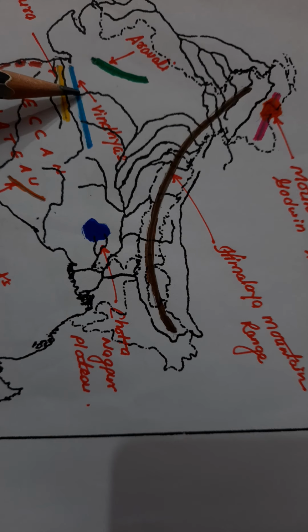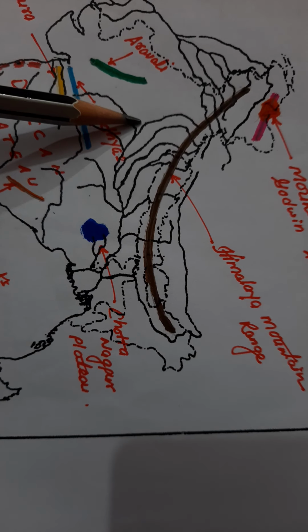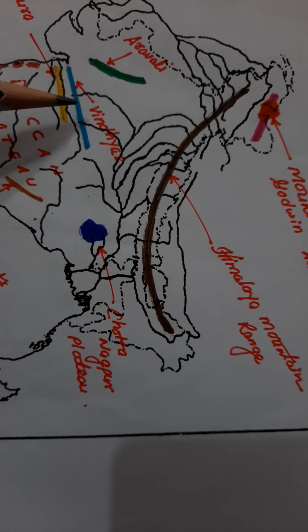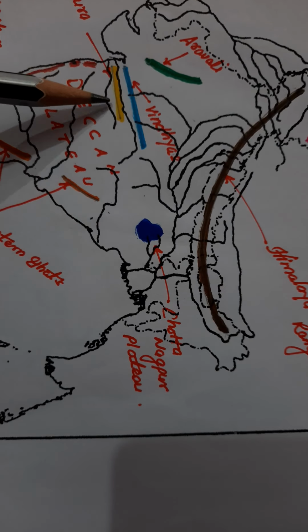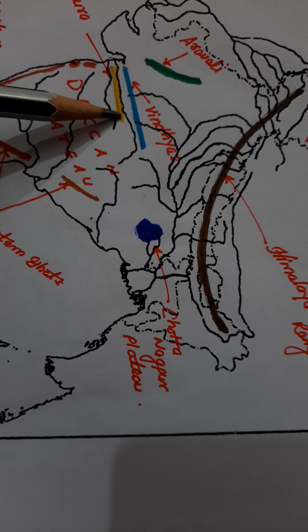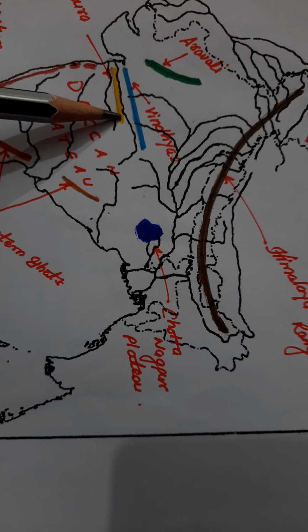Some indirect questions are also asked, like which mountain range divides India into North India and South India. The answer is Vindhyachal or Vindhyas. Between Narmada and Tapi, you can see this yellow shading. This is the Satpura range, between the Narmada and Tapti rivers. From this edge to this edge, you can mark the Satpura range.